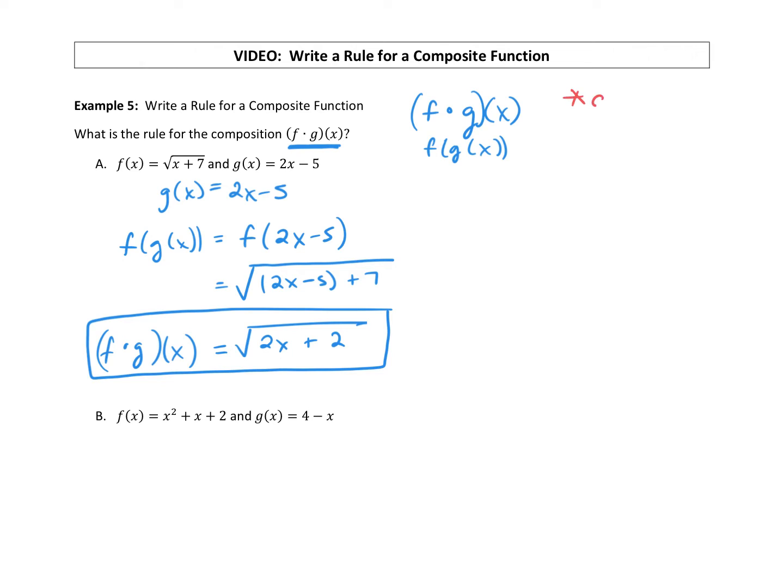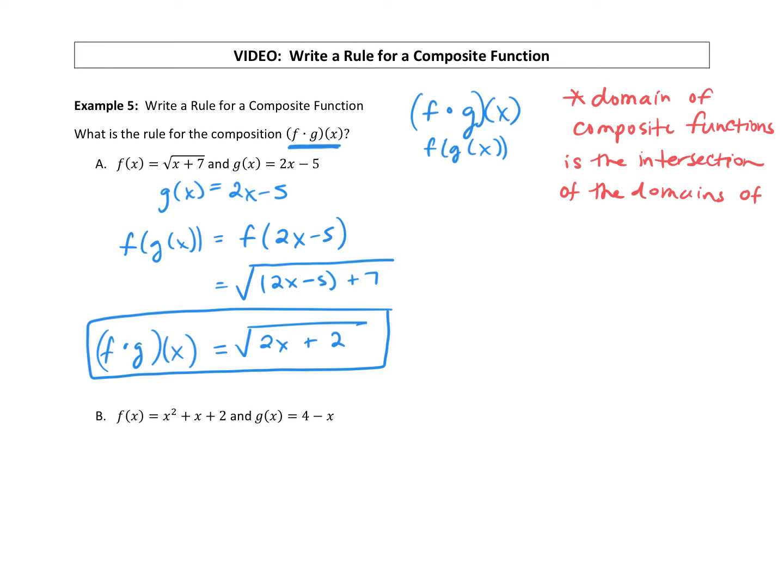So the domain of composite functions is the intersection of the domains of our G function and F following G function. That looks like I just wrote out the word fog. So F following G.